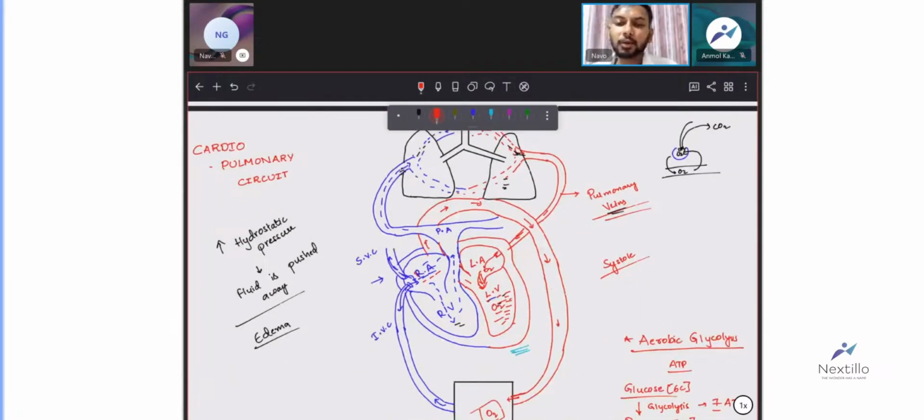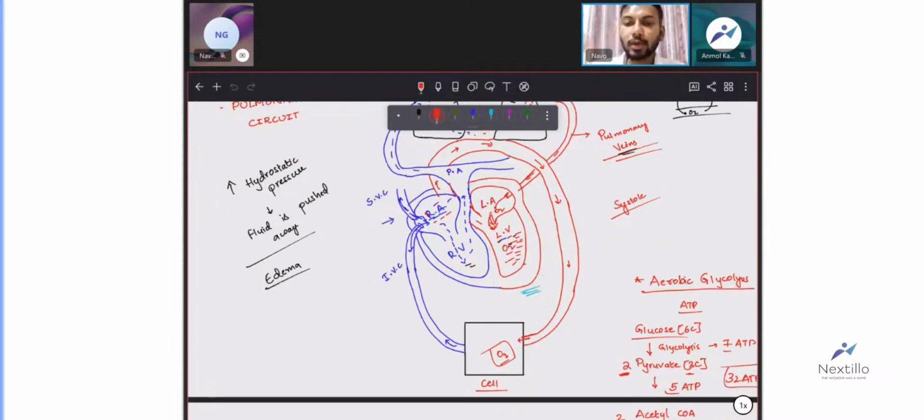Now, let's try to revise it very fast and then we will go to the next part. In the symptoms, I've told you. See, all the veins will carry deoxygenated blood except for pulmonary veins. So all the veins are being drained into SVC and IVC. So SVC and IVC are taking deoxygenated blood from almost all parts of our body and it is giving it to right atrium.